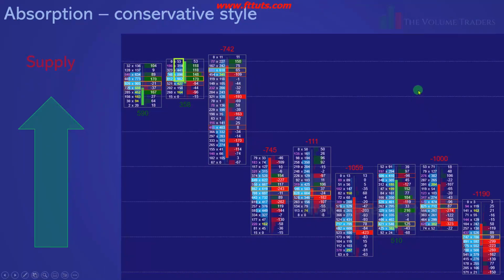Again, the entry should be at the closure of the candle after the shift on delta. So we have highly positive delta and it shifted, meaning it changed to highly negative. Like on the line chart, price is going slowly up, meets the huge order, and then boom, a fast reaction.